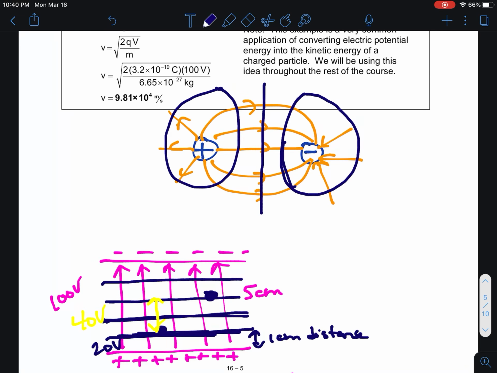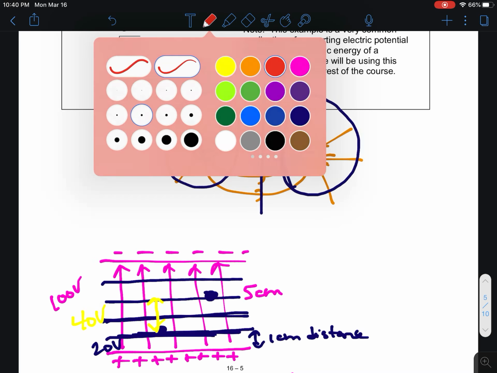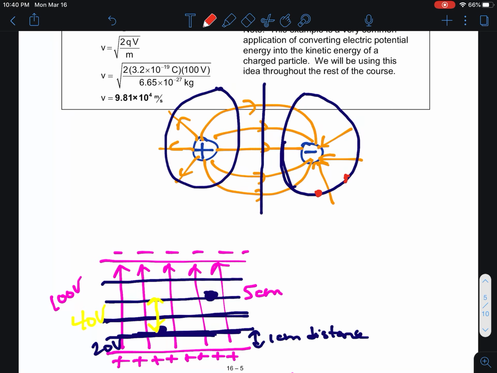So we would say that a particle anywhere on this equipotential line would possess the same amount of potential difference. And in moving through them, so if again each line represents 20 volts, I'm just making that up, if something moved from here to here, it would pass through 20 volts and another 20 volts, so for a total of 40 volts.